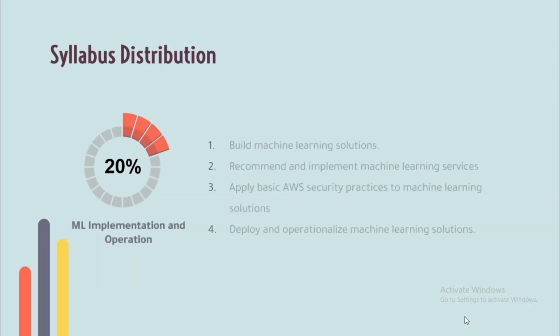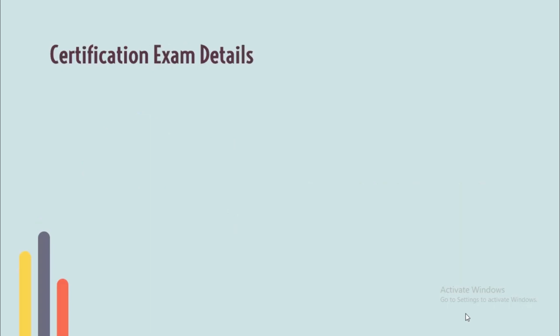Now coming to the last one, you should have knowledge of building machine learning solutions, then recommend and implement machine learning services, apply basic AWS security practices to machine learning solutions, and then deploy and operationalize machine learning solutions using the AWS platform. So in this ML implementation and operation domain, you should have knowledge of these things. Now, this was about the syllabus distribution for the AWS machine learning certification exam.